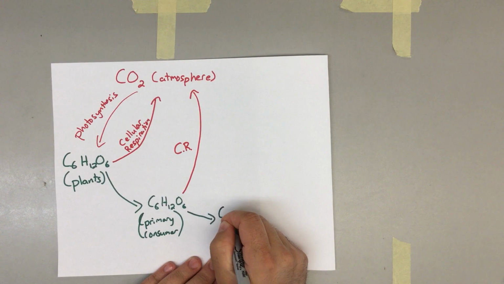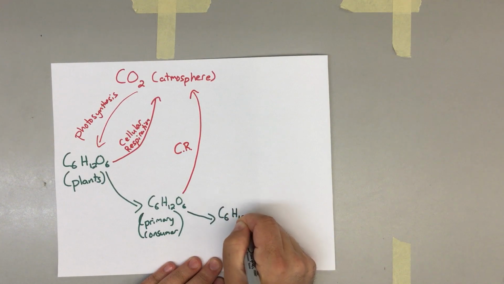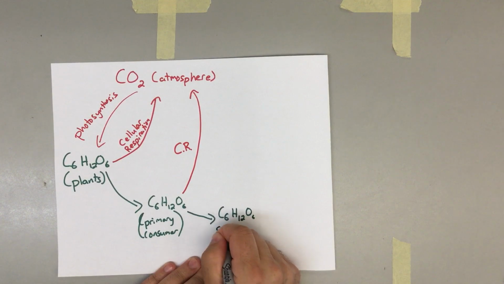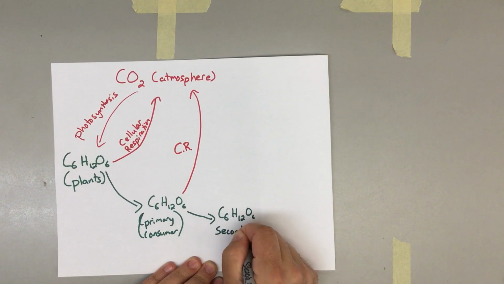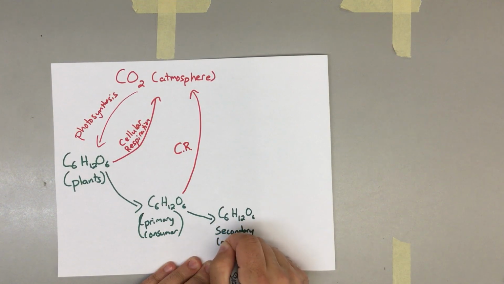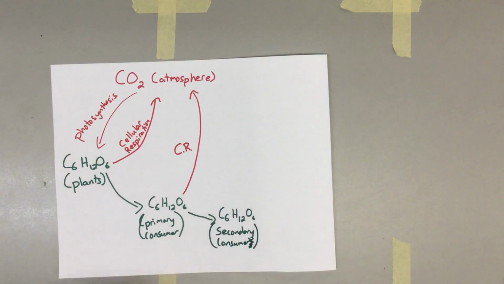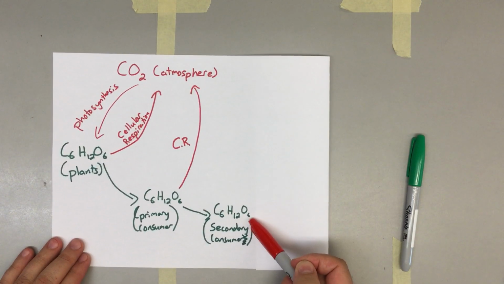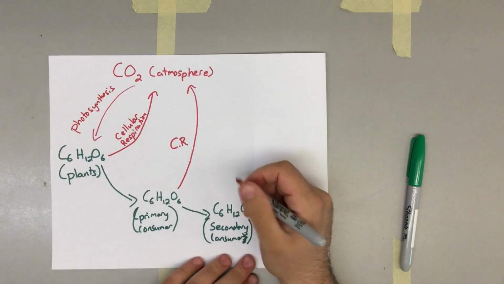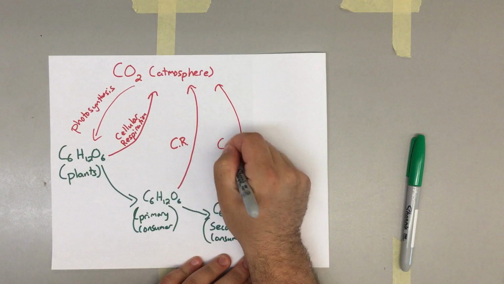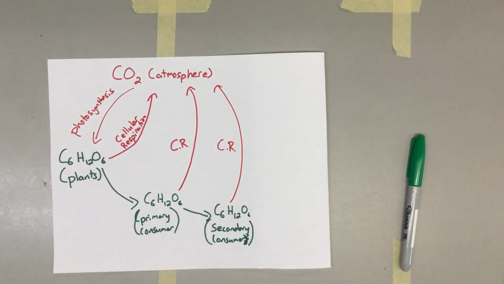So it's still a carbohydrate, and now it's in a secondary consumer. Same as before, if that secondary consumer uses that carbohydrate, it's going to go through cellular respiration and return it to the atmosphere.